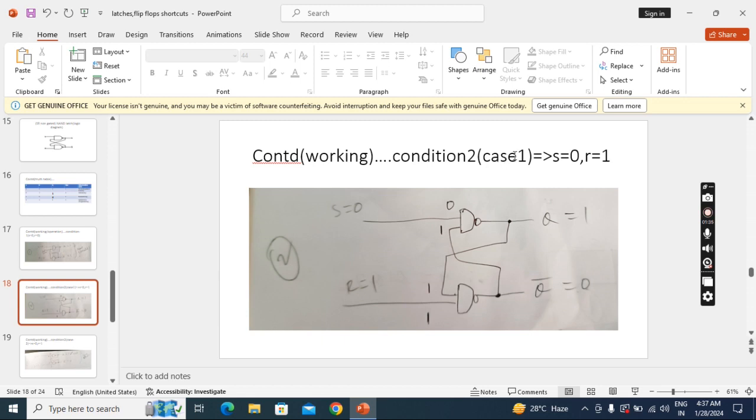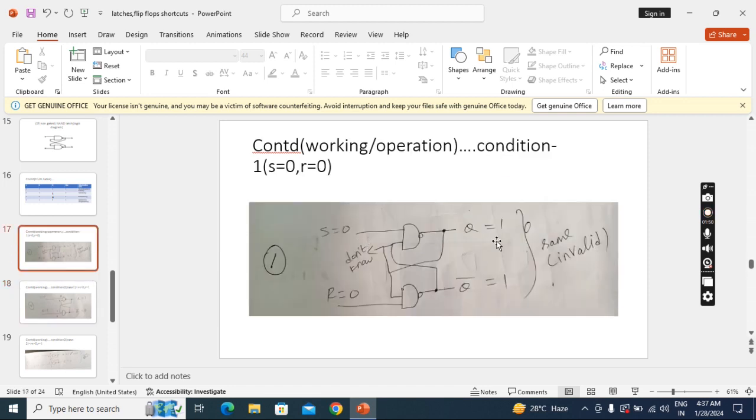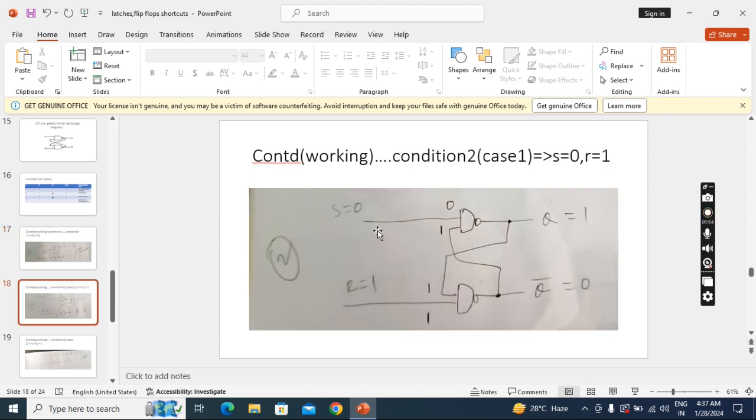This is case 1. But in all cases, this input will be S 0, R 1 only. So here S equal to 0, R equal to 1. And what about these values? I feed back the previous condition values. The previous condition values 1, 1 were the outputs. So now those 1, 1 came here.